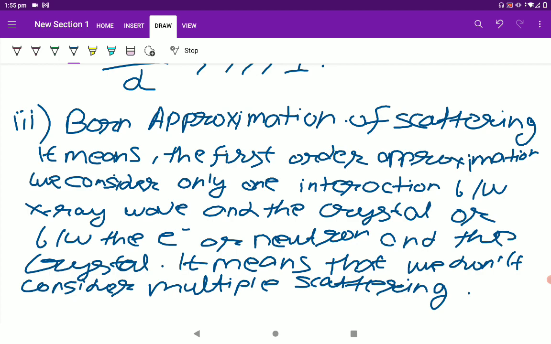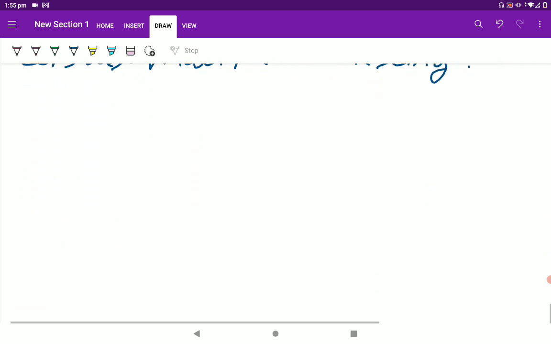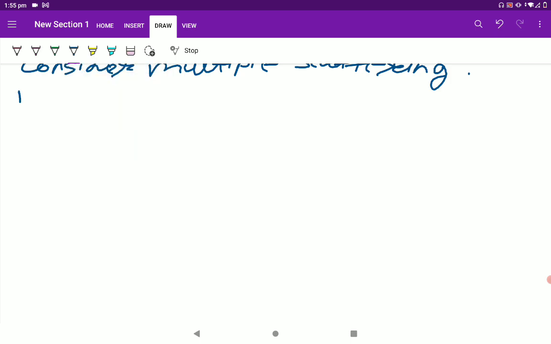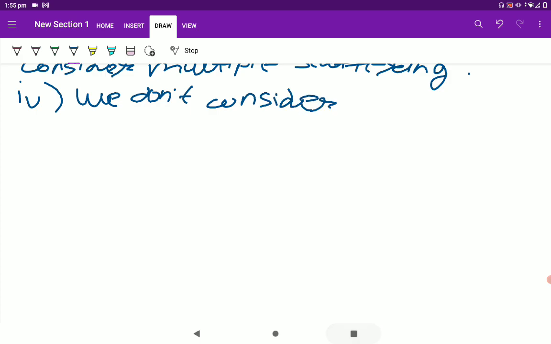Now coming to the last hypothesis, that is hypothesis 4. We don't consider small angles.